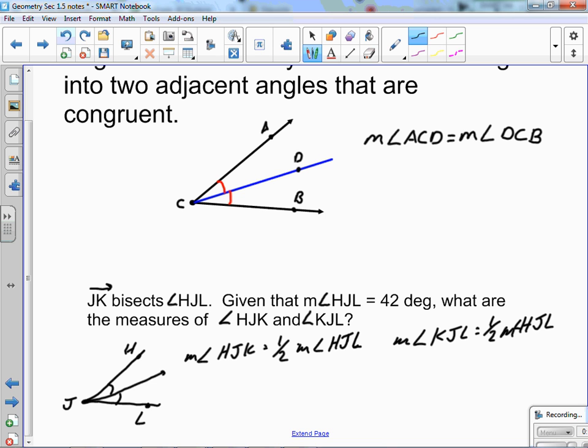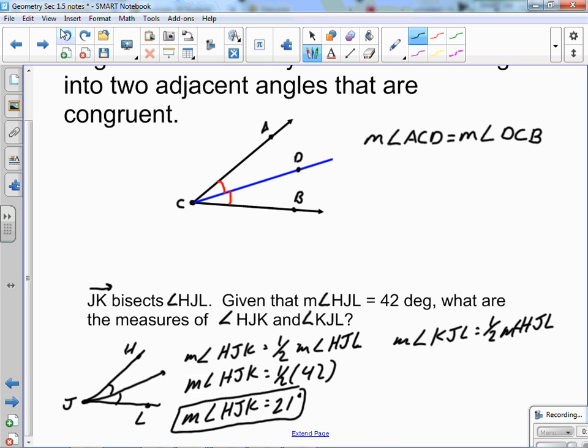So, measure of angle HJK is half of 42, or the measure of angle HJK is going to be 21 degrees.